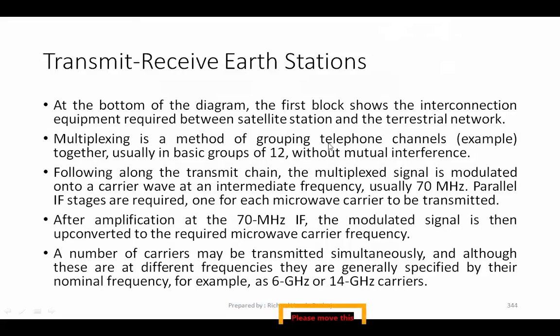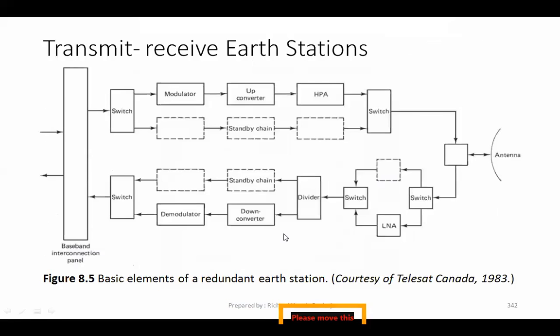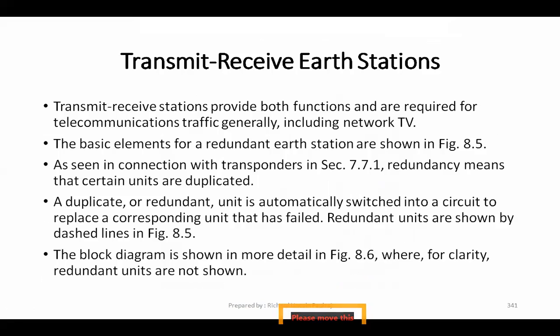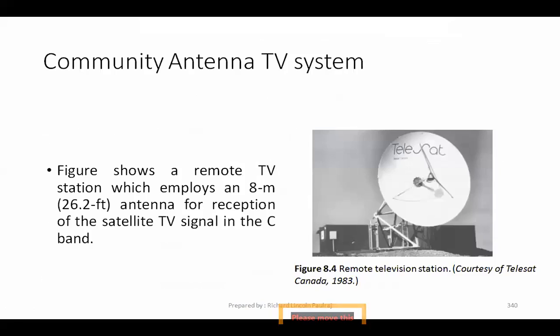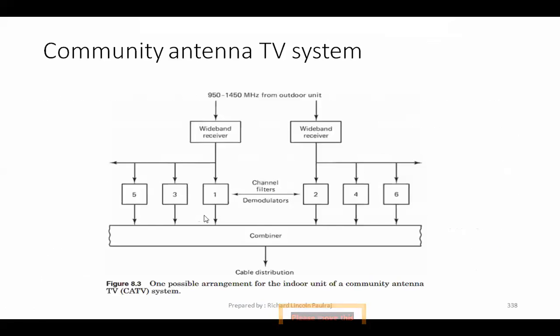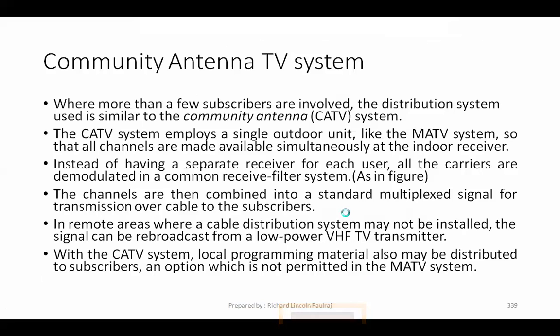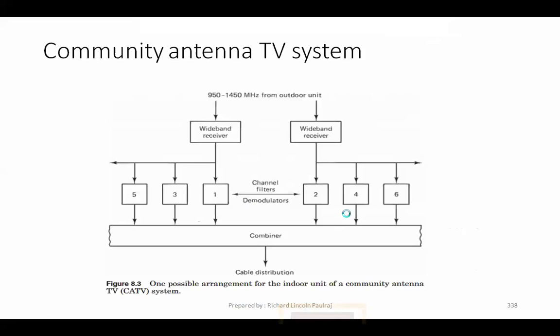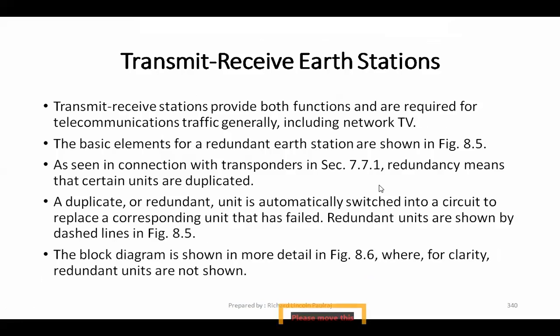Multiplexing is a method of grouping telephone channels, for example, usually basic groups of 12, without mutual interference. If you can see here, we had employed the odd and even concept, right? This kind is also employed sometimes in order to have efficient utilization of bandwidth and less noise.